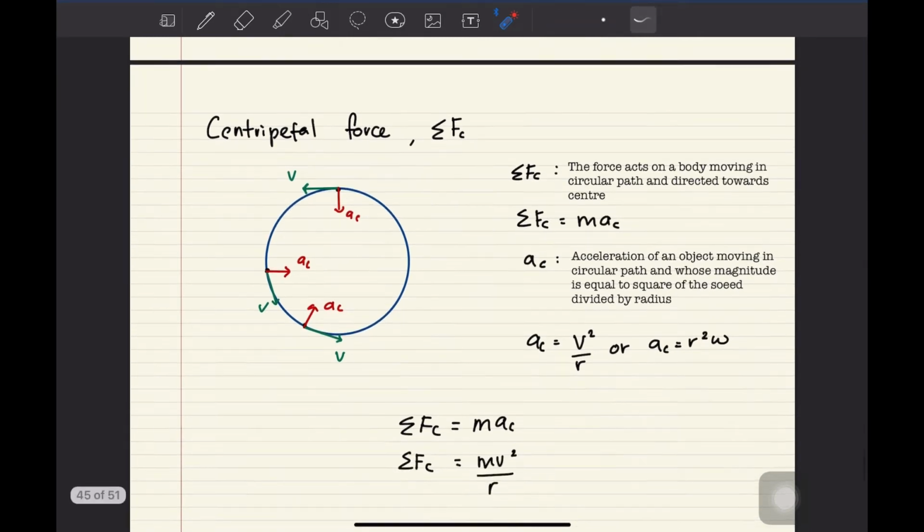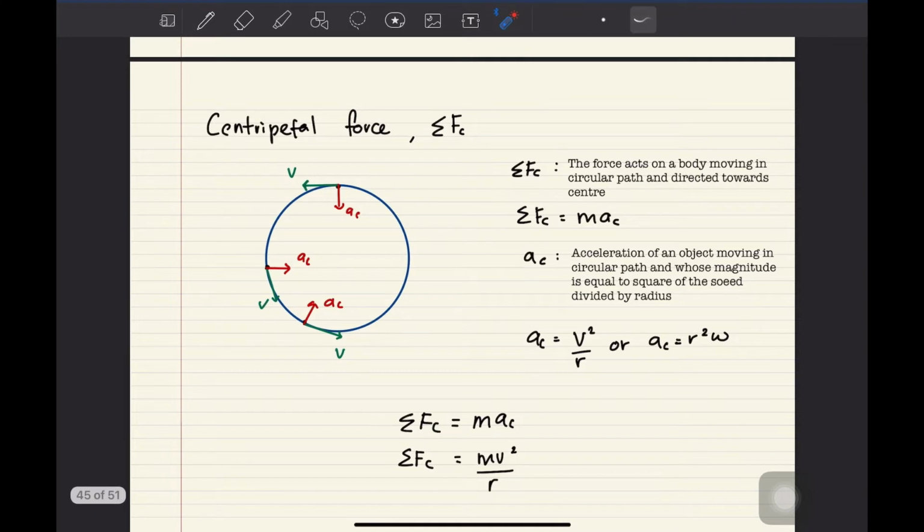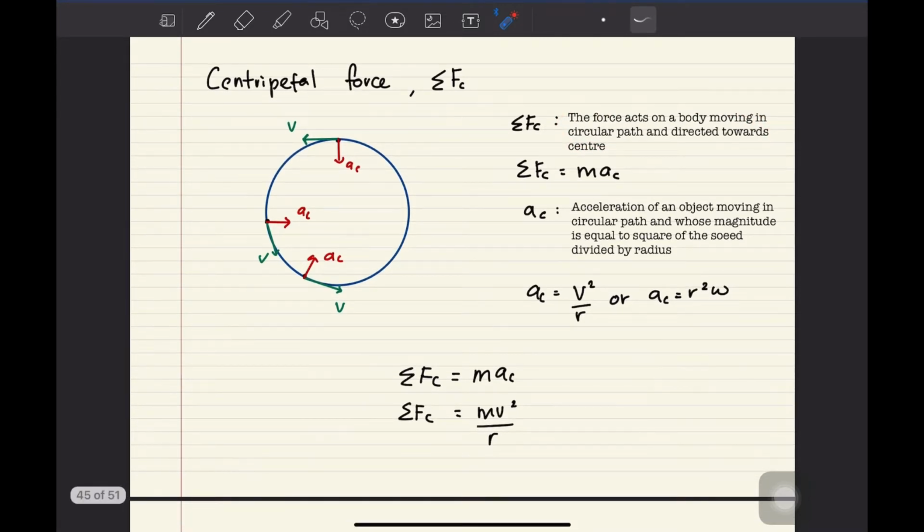The next subtopic is about centripetal force. What is centripetal force? Centripetal force is the force that acts on a body moving in a circular path and is directed towards the center. The centripetal force is actually not a type of force, it's more like a net force, so that's why I represent it with the summation symbol over here.